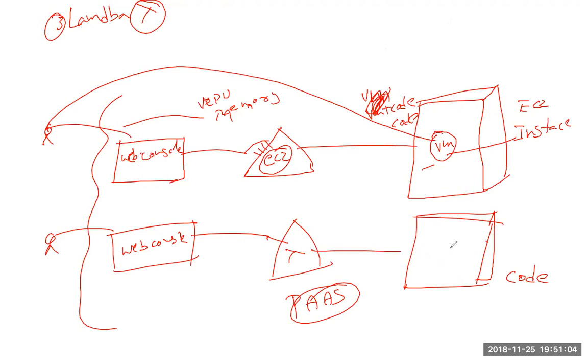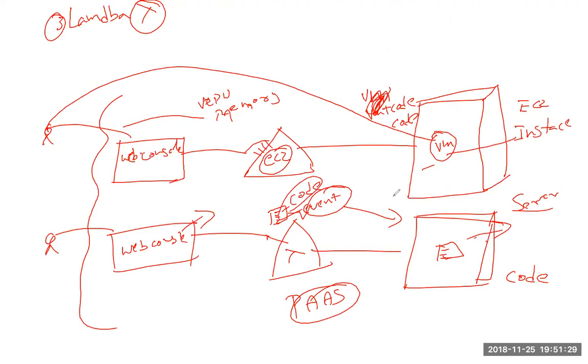But I will give an event. This is my code, and this is my event. So whenever this event occurs, you run the code on any server. I don't care, but all I want is that whenever this event occurs, this code has to run. In simpler terms, that is called the Lambda service.